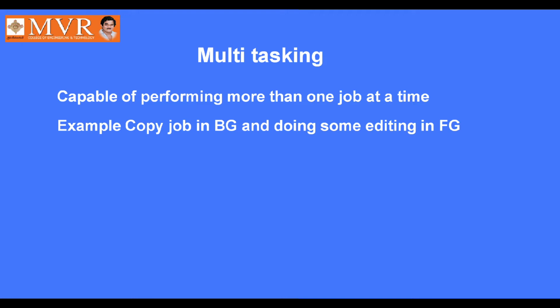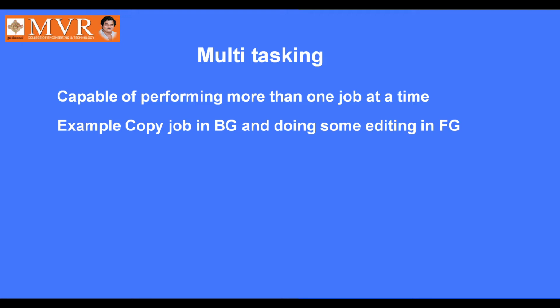Similarly, suppose you are going to copy a 100 GB file from one folder to another folder. Copying a file of size 100 GB will take some time. So what we can do is activate that copying, that means we drag that file from one folder to another folder.